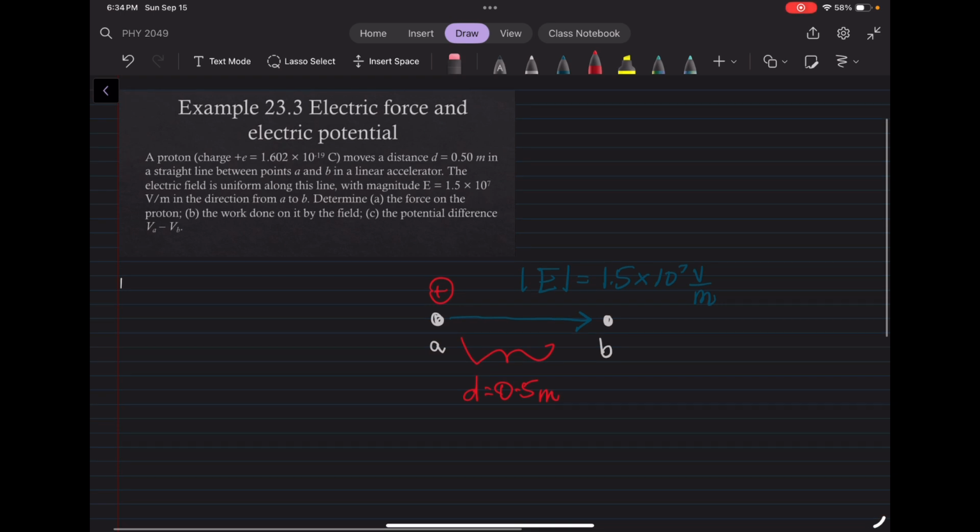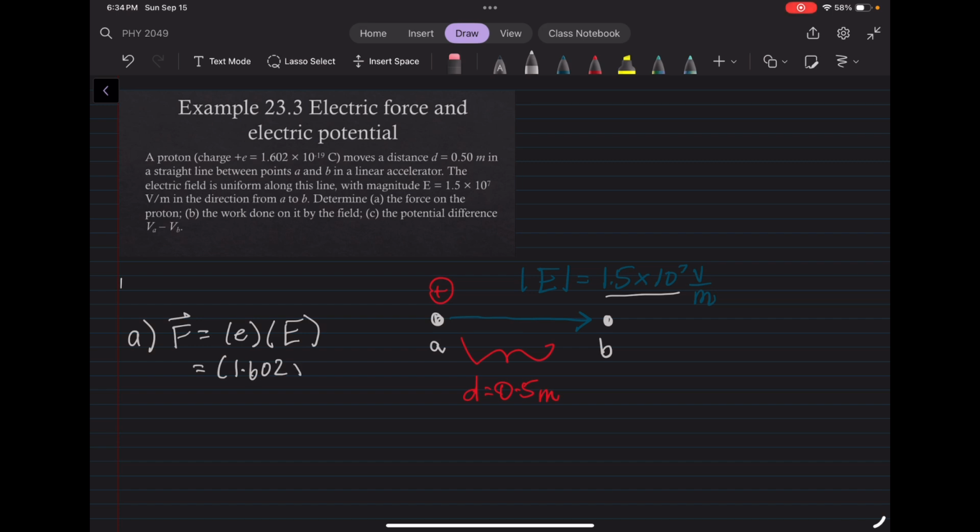What's the force? Let's do part A. What's the force on that proton existing in the electric field? As it moves from point A to point B, it's bathing in an electric field value of 1.5 times 10 to the 7. So the force is just the charge, which is positive e, 1.602 times 10 to the minus 19, times the value of the electric field, 1.5 times 10 to the 7 volts per meter.